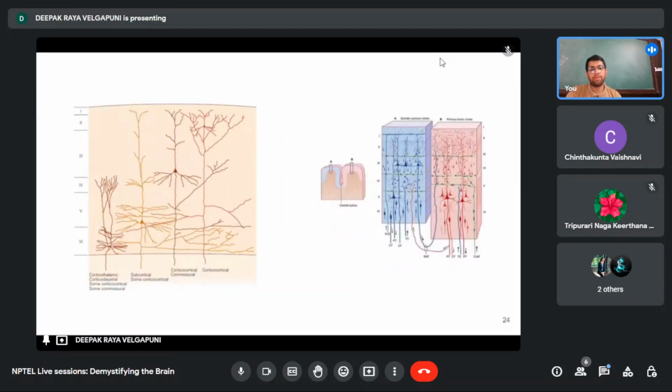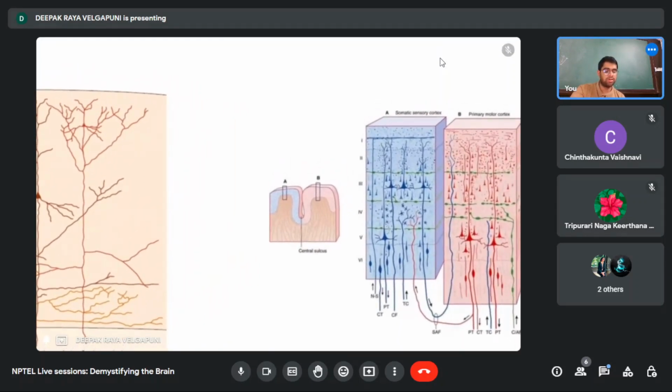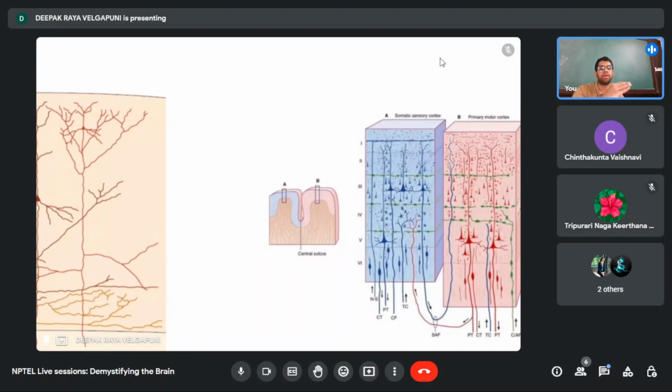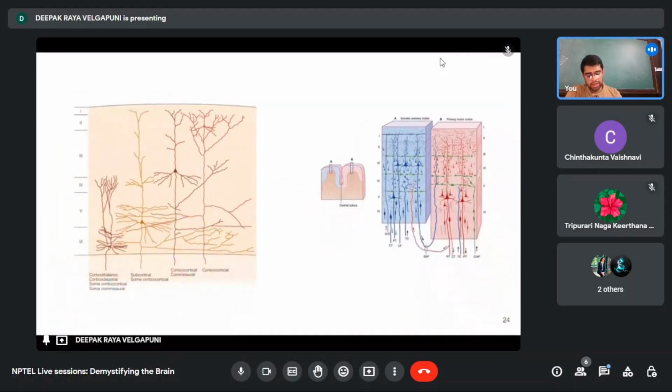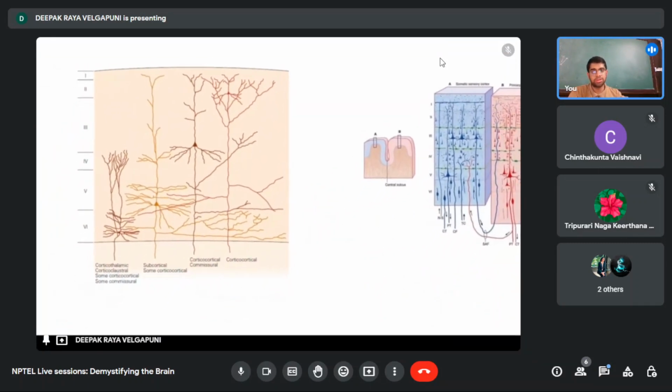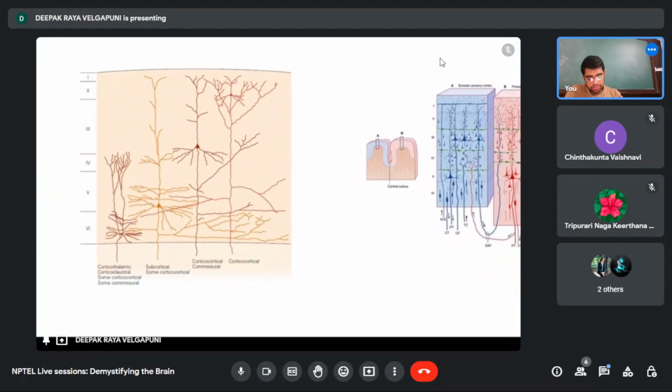And then we have discussed a little bit about the six-layer cortical structure, the laminar structure of the cortex. This is the gray matter basically, the cellular structure. These are organized based on the cytoarchitecture, which types of cells are there, and depending on that, the layers are classified. Different layers have different inputs and different neurons.